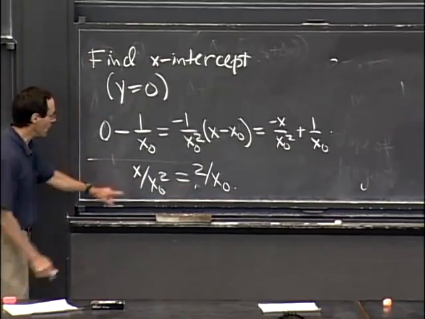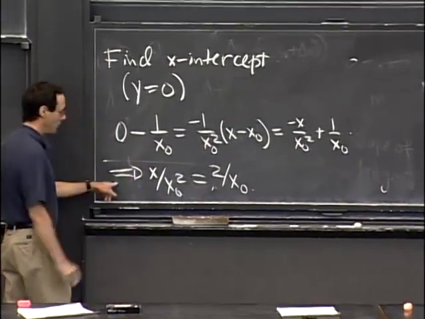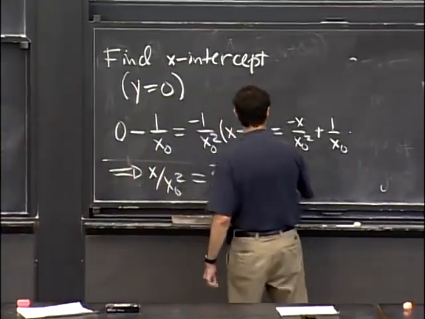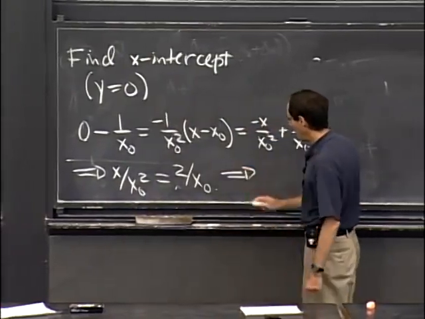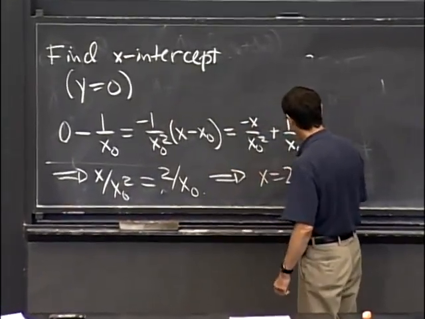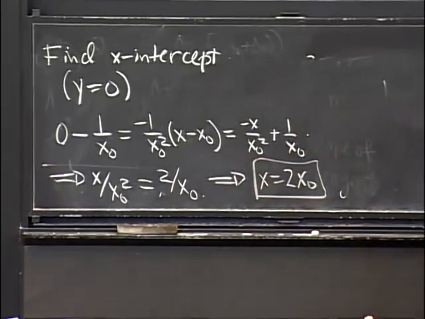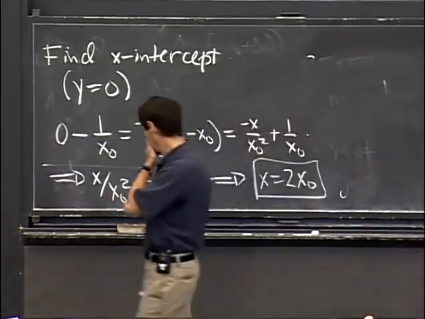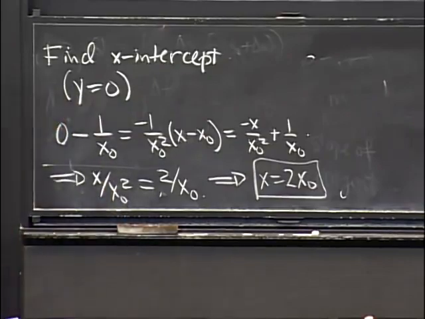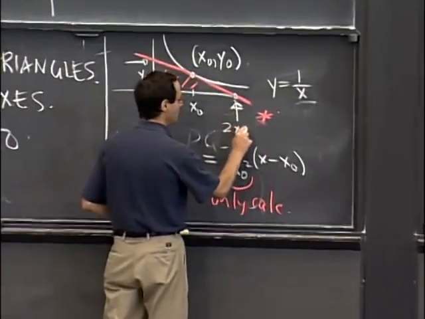And if I then multiply through by x0 squared, I get x is equal to 2x0. Okay? Okay, so I claim that this point we've just calculated, it's 2x0.